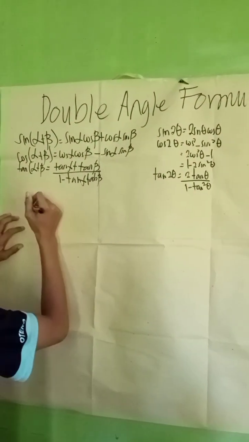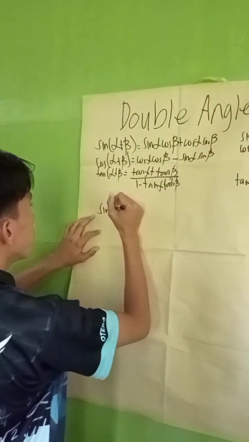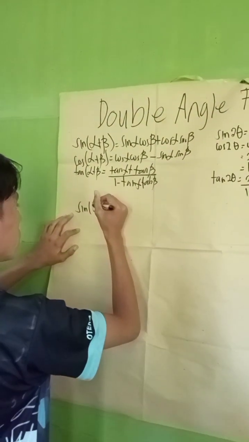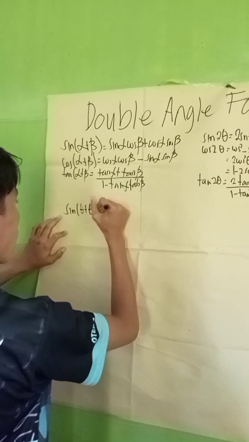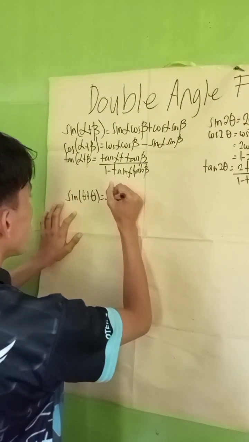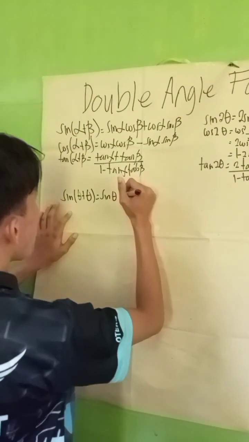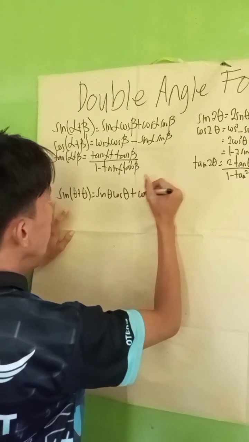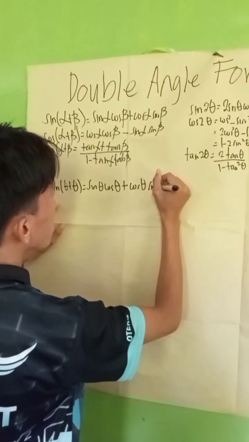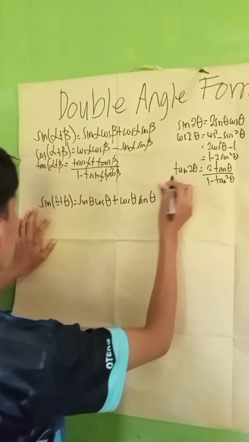So we have sine of theta plus theta is equal to sine theta cos theta plus cos theta times sine theta.